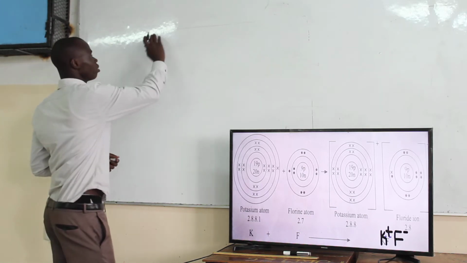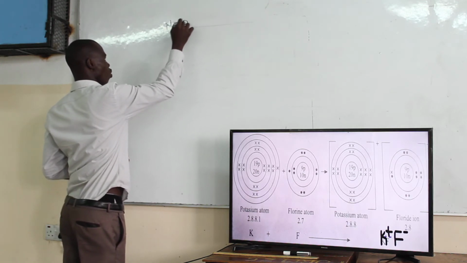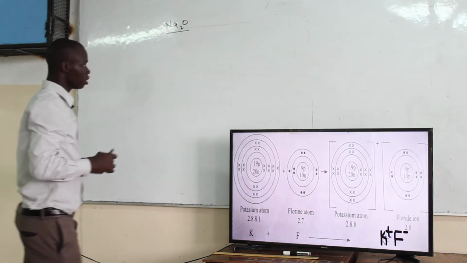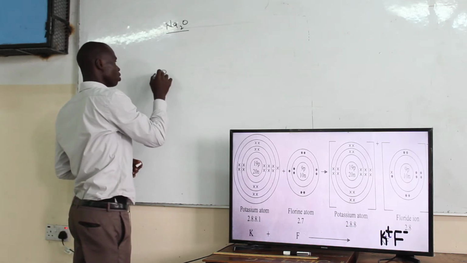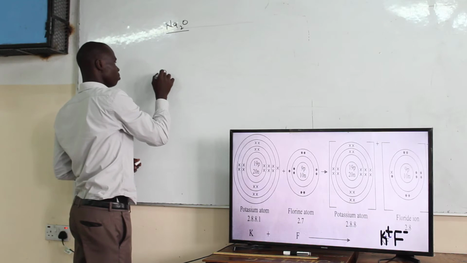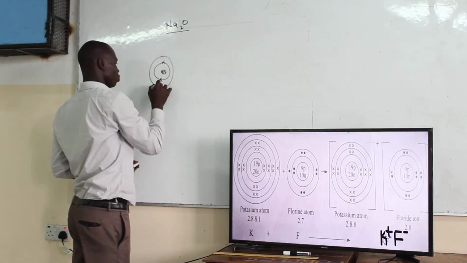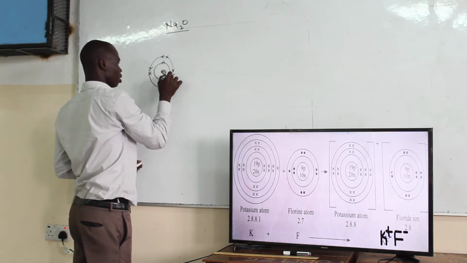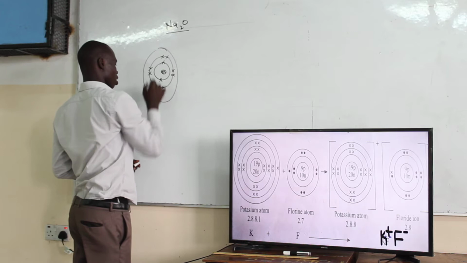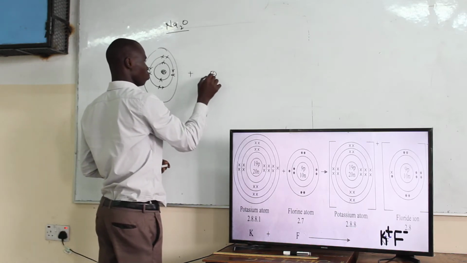For example, let's talk about sodium oxide. Sodium has got 2, 8, 1, plus oxygen, 2, 6.